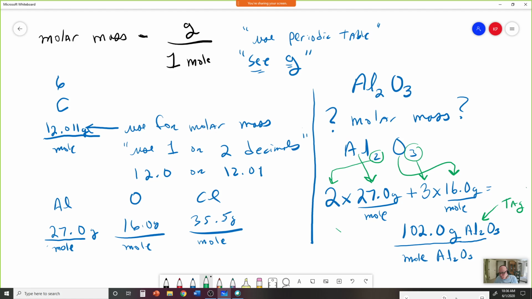Make sure you tag them, and make sure you use units. Your unit is not just grams, it's grams aluminum oxide. Your unit's not just moles, it's moles aluminum oxide. And your molar mass is not grams, it's grams per mole. The two go together. So be very careful that you're always using units.